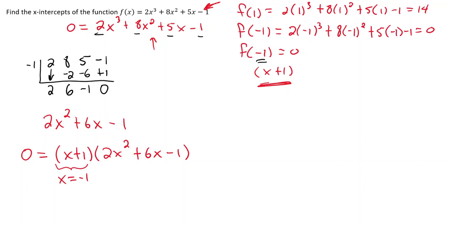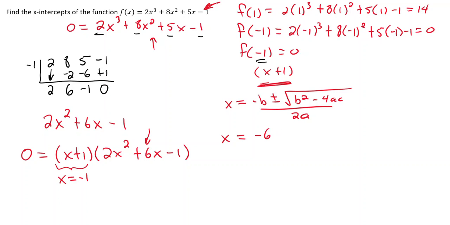So the quadratic formula is x is equal to -b plus or minus the square root of b squared minus 4ac, all over 2a. Filling this in, we get negative, our b value is 6, plus or minus the square root of 6 squared minus 4.